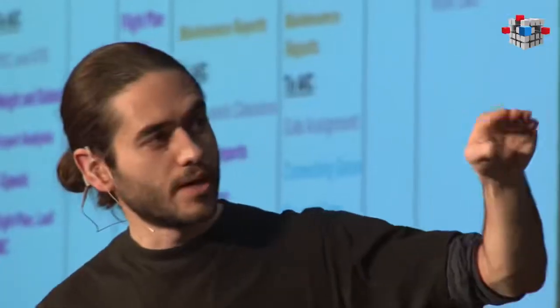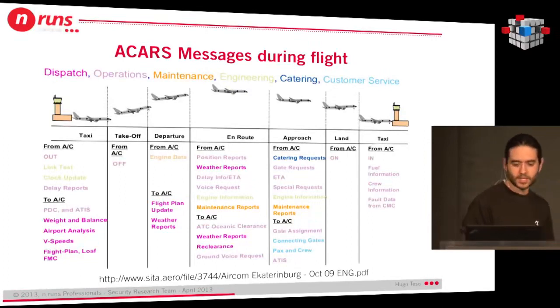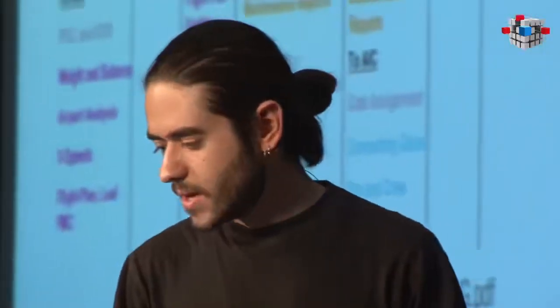You can see two aircraft. That's what we are interested in because that means the information is being sent to the airplane. You can see that a lot of information is being exchanged between airplanes and ATC, air traffic control, during a normal flight, but especially during takeoff and landing, which are the most critical phases of the flight.